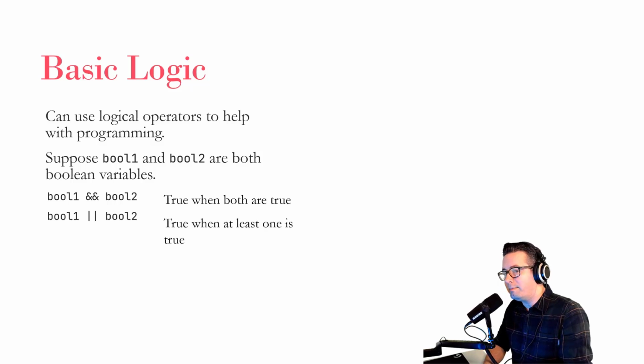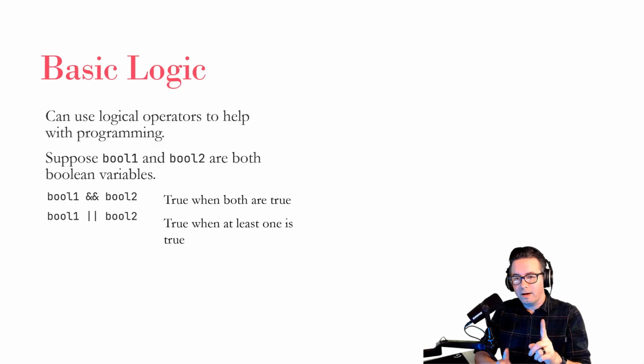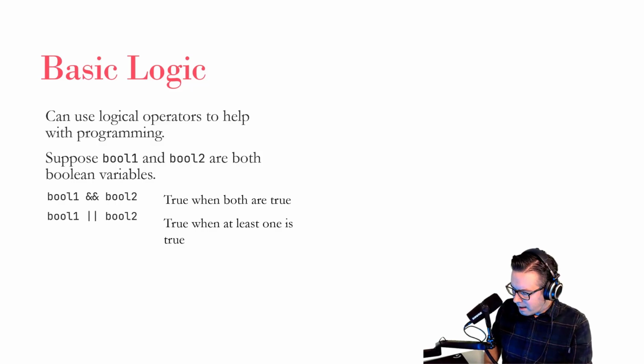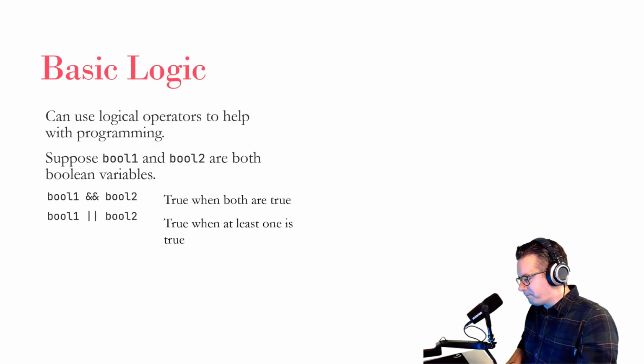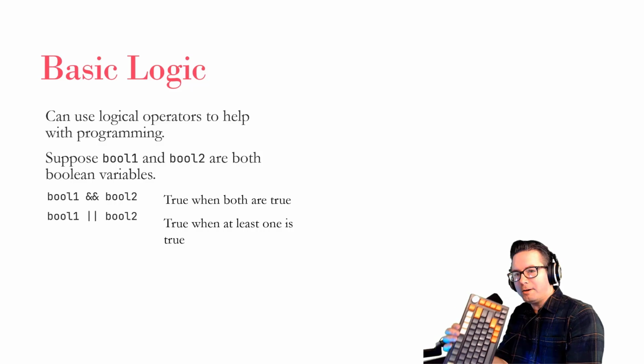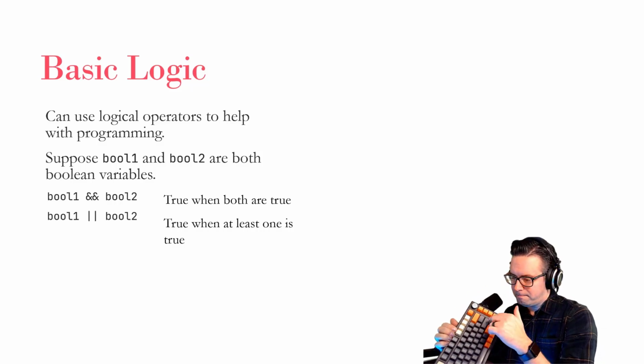If you want one of them to be true, then you use the single lines, and that's the backslash. It's like shift backslash. That's the thing above, on my keyboard, it's right up above the enter. Here, I'll show you. See, it's that one right there.